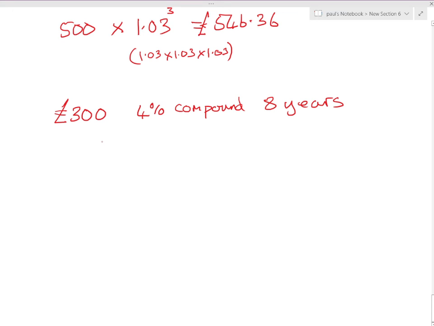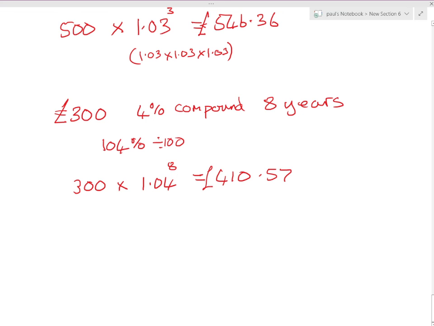It's 104%. Divide that by 100 and we get 1.04, and we multiply it by the money we put in the bank in the first place and to the power of 8. So 300 times 1.04 to the power of 8 for 8 years gives us 410.57. So compound interest, we're adding it on.